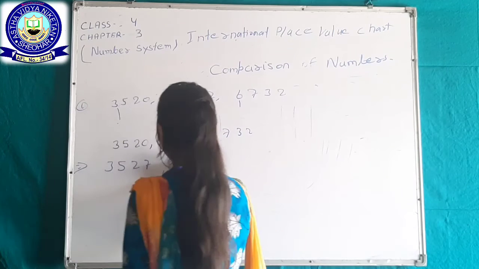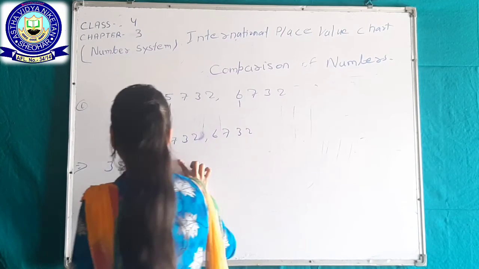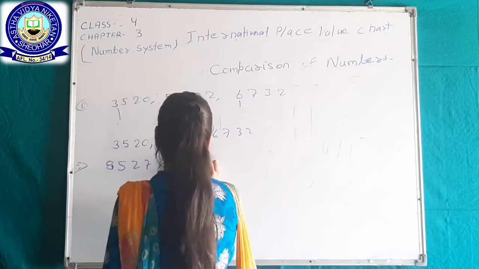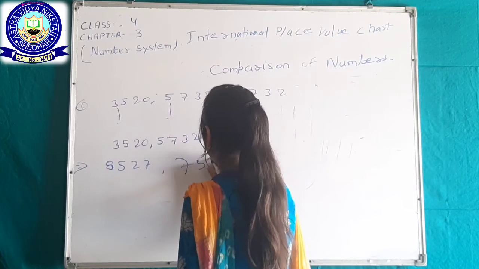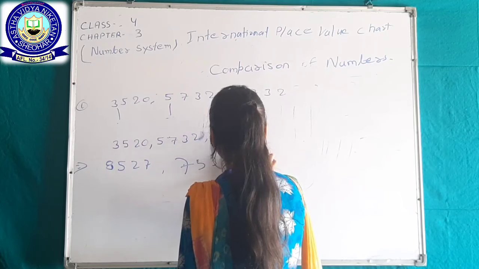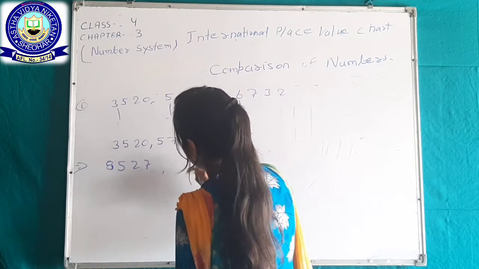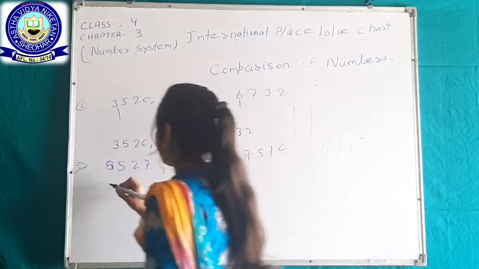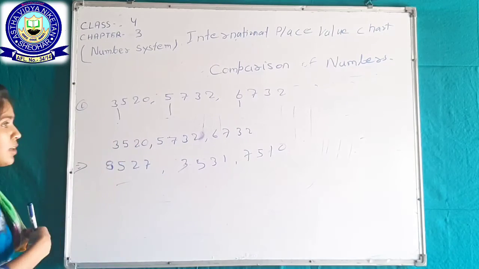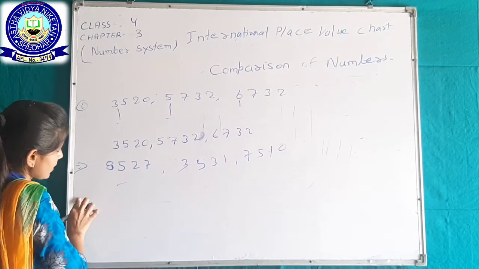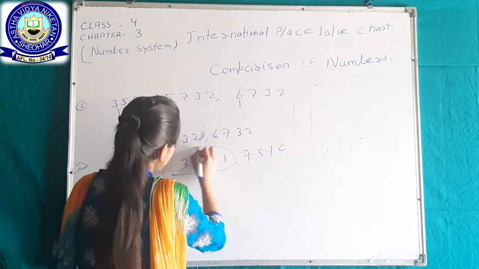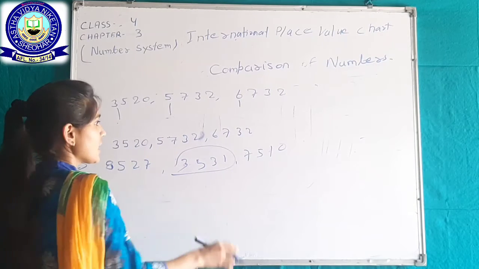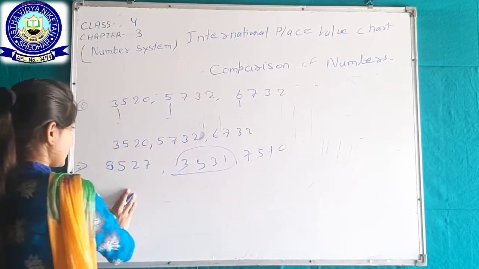You have to write in ascending order. In ascending order, you have to write first the smallest number of the given series, and in last you have to write the largest number of this series.